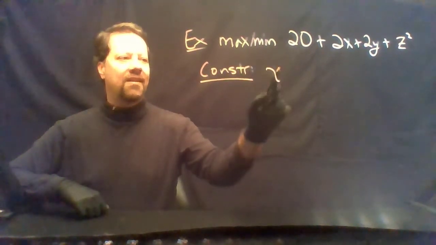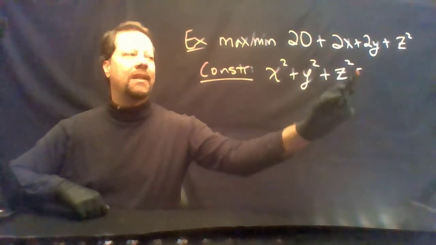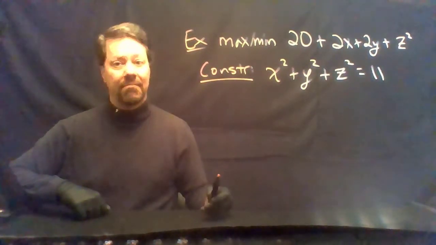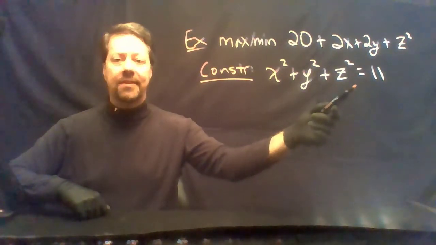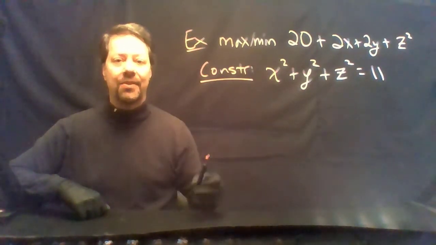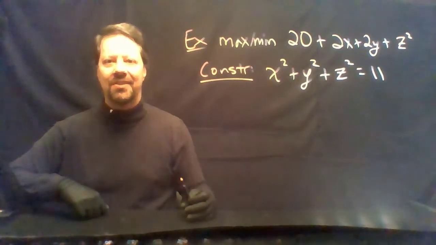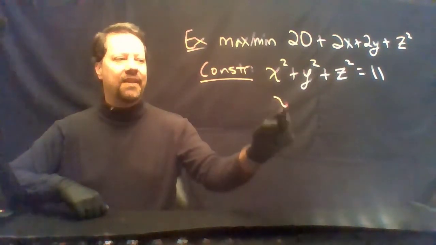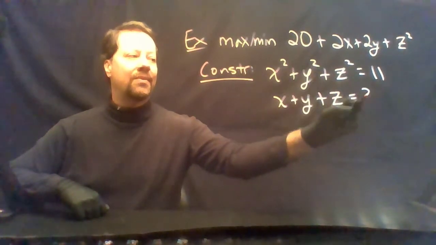These constraints are x squared plus y squared plus z squared equals 11. This is a sphere of radius square root 11. That is a closed and bounded set already, but we're going to add another constraint. The other constraint is x plus y plus z equals 3.